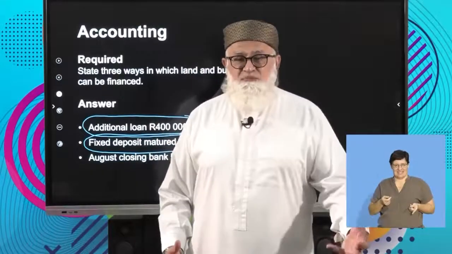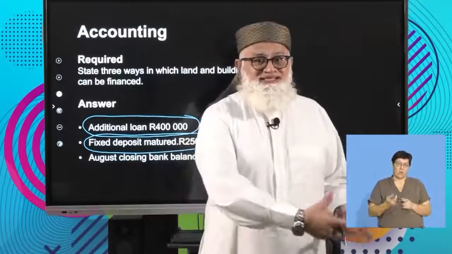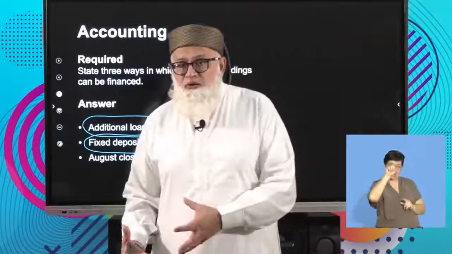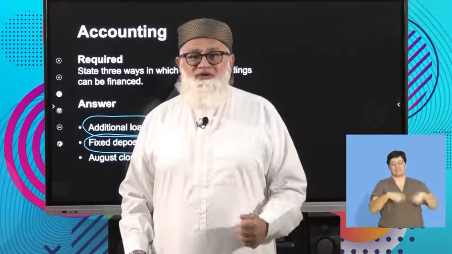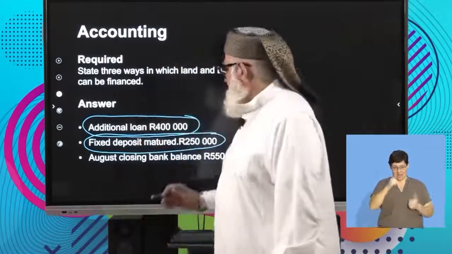Why? The fixed deposit has now matured. The money is coming back into our bank account, so it's an inflow of cash, and therefore, that will be shown as a receipt.